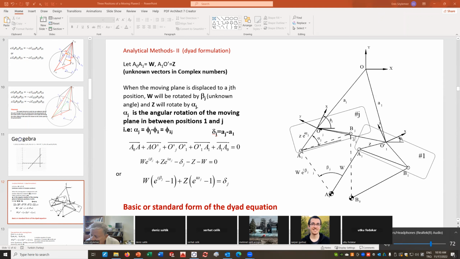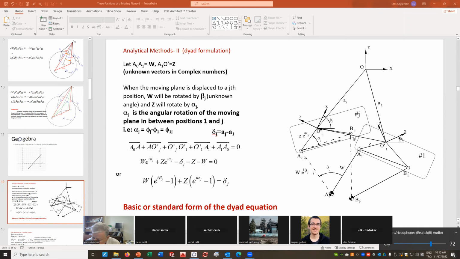Now this vector is, let me repeat, W e to the i beta j. Whatever the length A0 AJ is, that is equal to the length A0 A1. Correct? Only the angular position has changed.